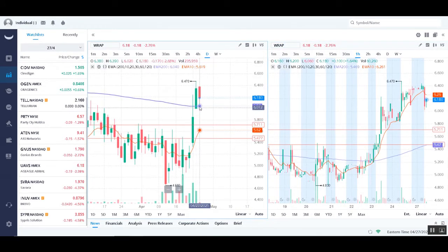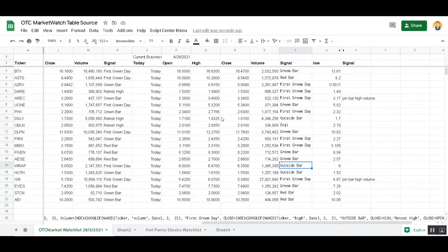Okay, so let's ignore April 27th and let's look at April 26th. So we're looking at outside bar. Is it true that the current day trading volume is lesser than the previous day?